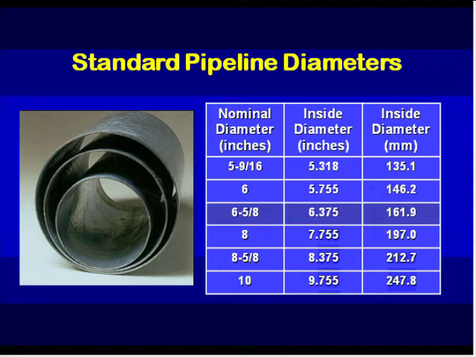By and large, if you don't specifically ask for something different, you're likely to get 6 5/8 inch diameter pipe, and if you don't have a way of monitoring or measuring that out there in the field, that would be a good thing to assume.